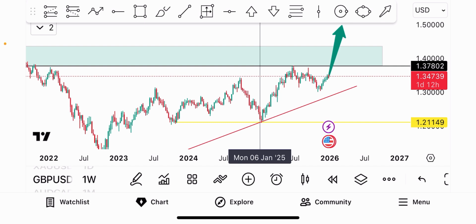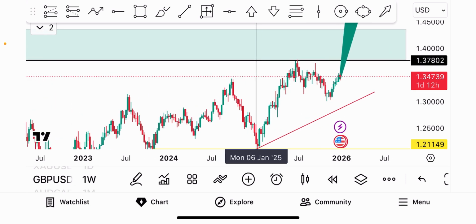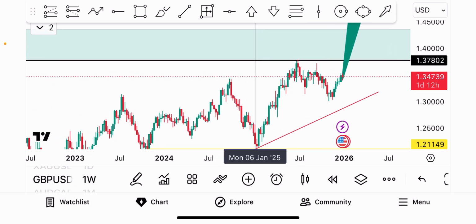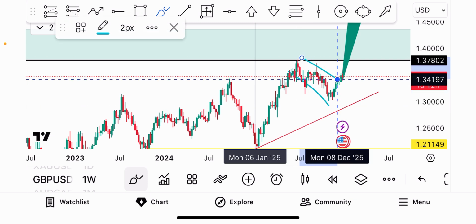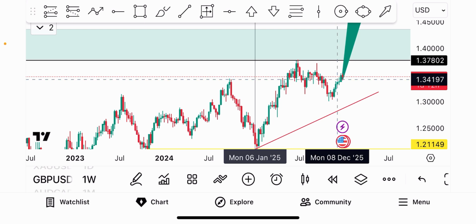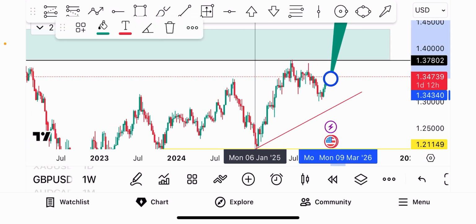Also, if we take a look at how the market is pulling back from that level, we can notice that the pullback is not getting deeper. It is slight. So that means that we have every tendency of seeing more bullish trend develop in no long time.